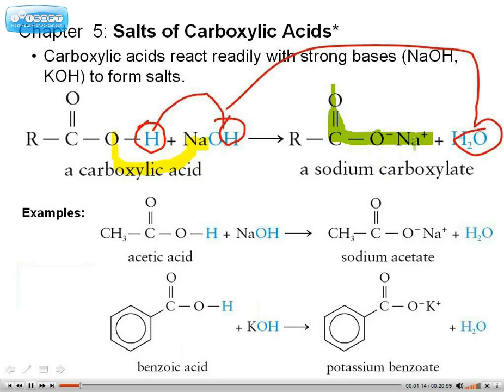Just as NaCl, sodium chloride, is a metal and a non-metal held together by opposite ionic charges, same thing here. You have your metal and your organic non-metal held together by opposite charges, as I just circled right here.